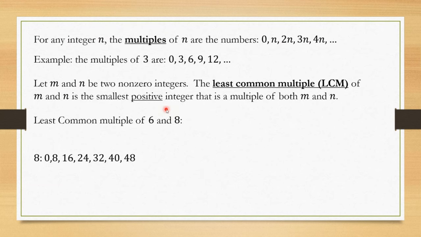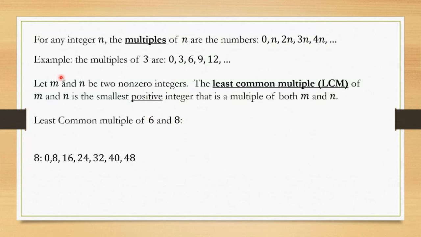So it's a positive integer, and it's the smallest multiple of m and n. So 0 cannot be the LCM. I mean, that's always going to be a common multiple, but it's not the least common multiple, because by definition, the least common multiple has to be positive.